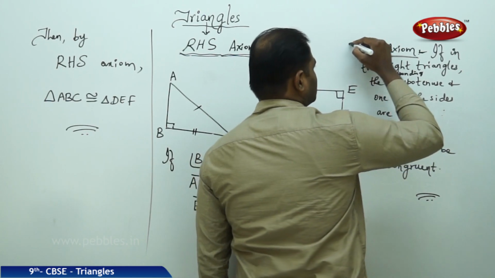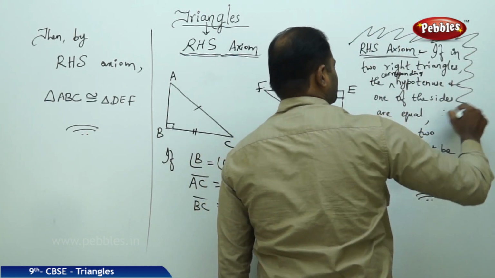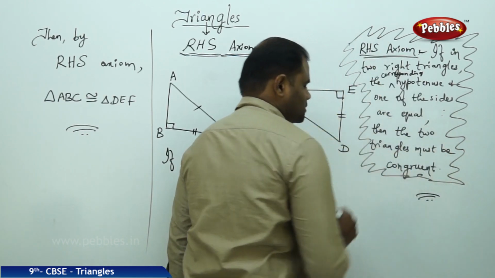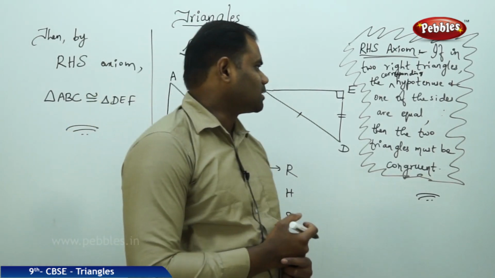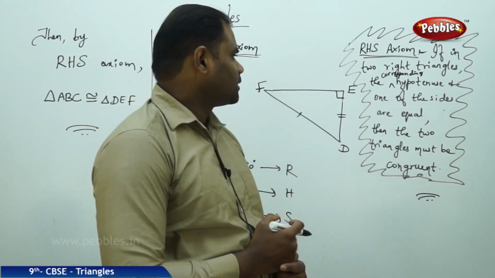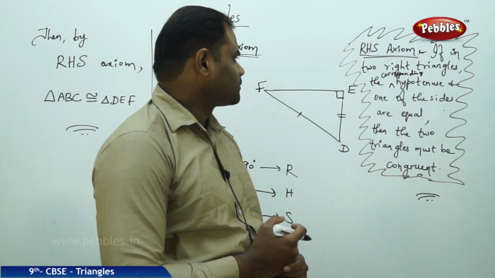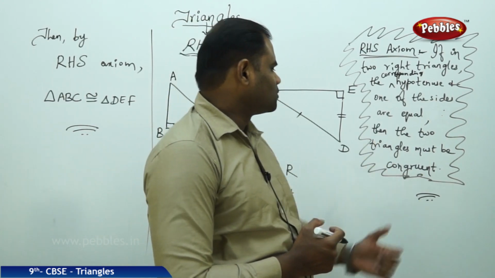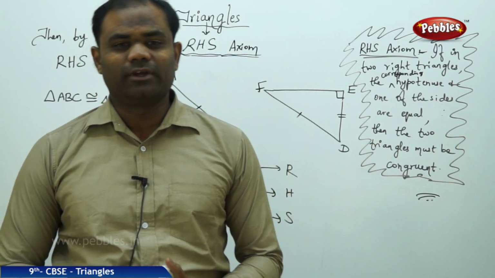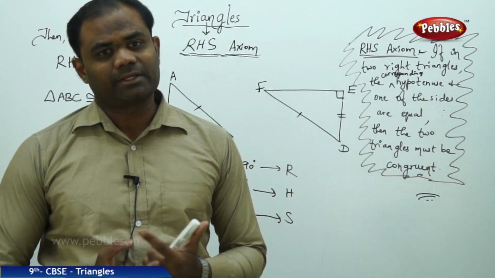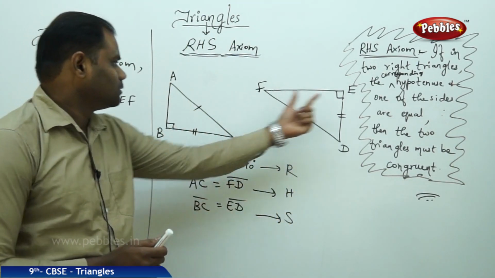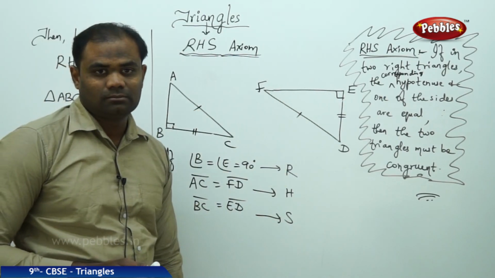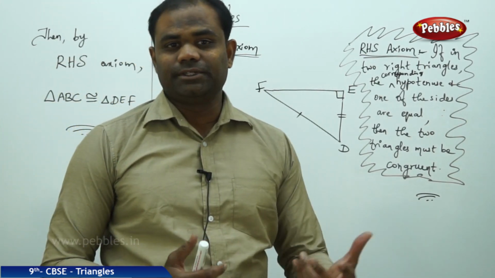This is how I understand the RHS axiom. If in two right triangles the corresponding hypotenuse and one of the sides are equal, then the two triangles must be congruent. Right angle, hypotenuse and one of the sides being equal makes the two triangles congruent to each other.